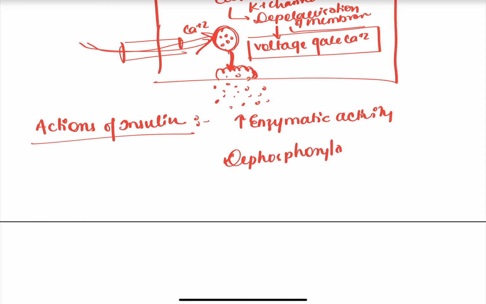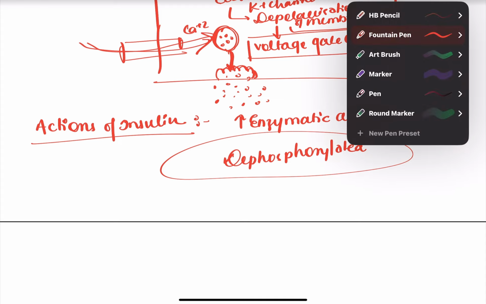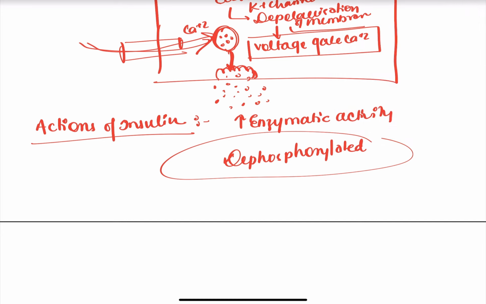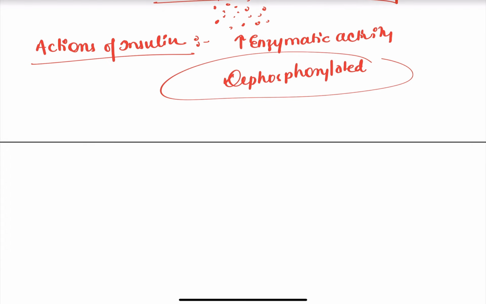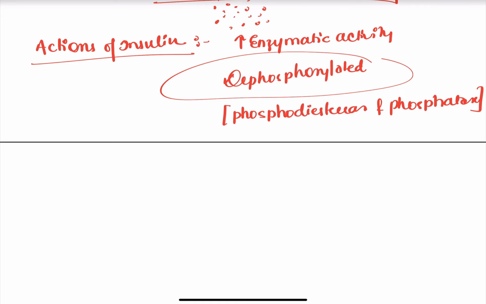Or we can say that in presence of insulin, the enzymes are active in dephosphorylated state. And how are they dephosphorylated? With the help of enzymes like phosphodiesterase and phosphatase, the enzymes get dephosphorylated.